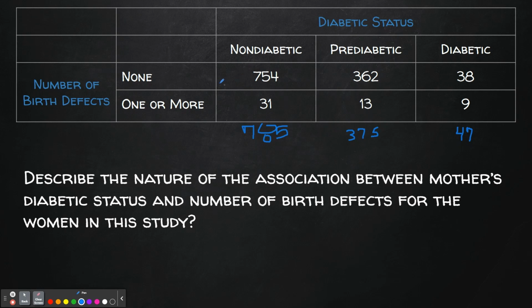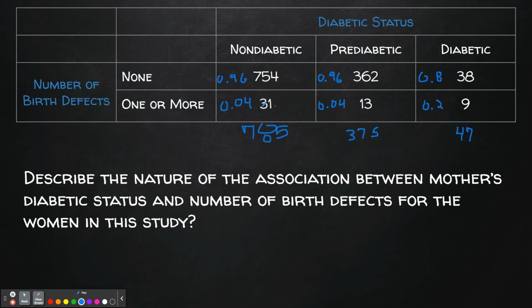If we found the conditional probabilities, here we get 0.96 and 0.04 for the first column. The second column ends up matching it perfectly, 0.96 and 0.04. And the last column ends up being 0.8 and 0.2.